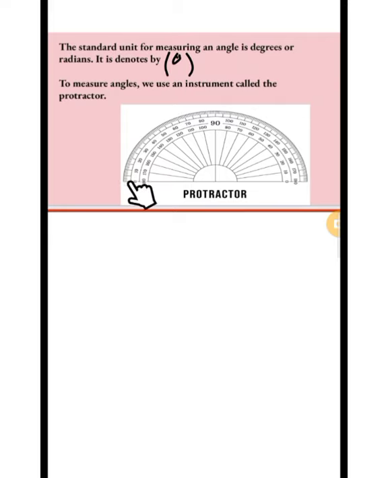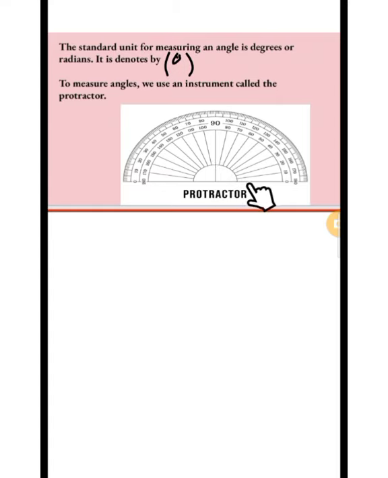See, we have numbers, right? The degrees. The inner scale has 0 to 180, and the outer scale has the same numbers in the opposite direction. And this vertical line is in the center, no? It is called the center point.